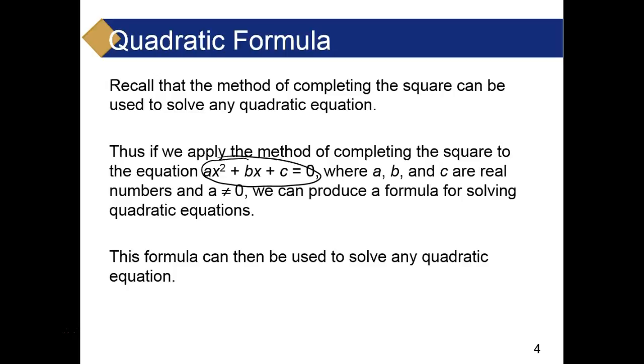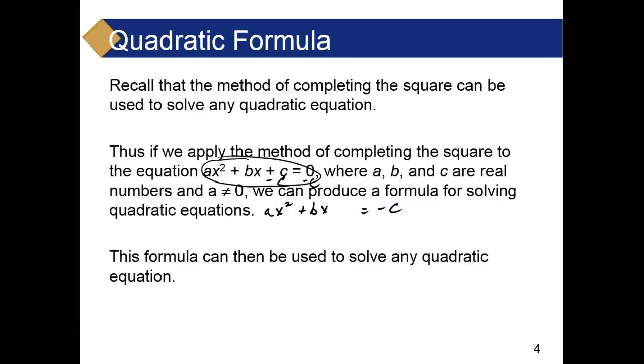We moved the c to the other side, didn't we? We subtracted c from both sides of the equation. And that left us with, I'm going to write it over here, ax squared plus bx is equal to minus c.